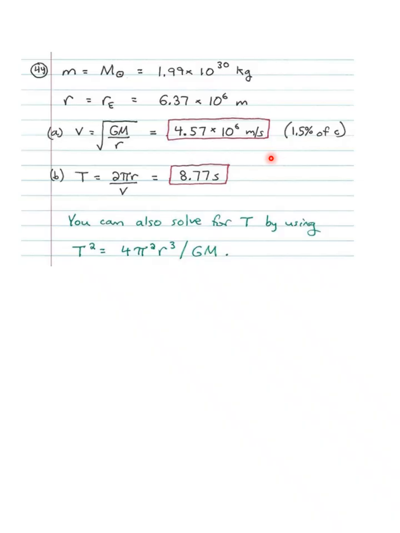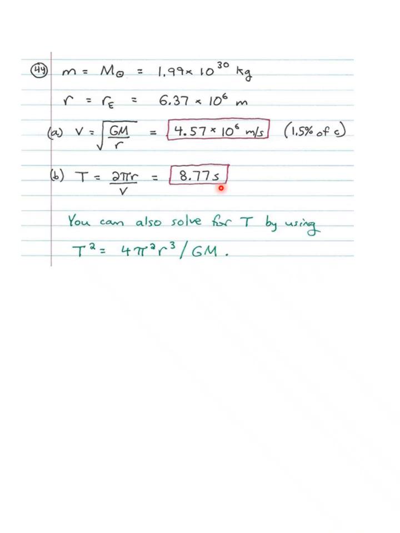And if we want to know the period, then we'll use period is the circumference of the circle divided by speed. We already know what speed is, and so we get 2 pi r over v, 8.77 seconds. So imagine a spaceship skimming something the size of the Earth, in orbit and going around the entire Earth-sized sphere in 8.77 seconds, so very fast.